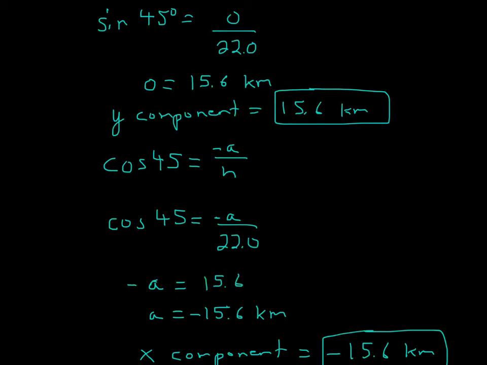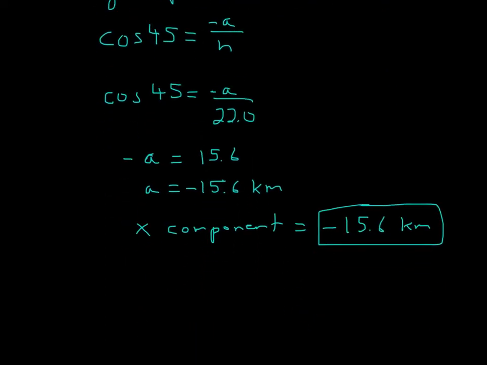We have to make sure a is positive, so it becomes negative 15.6 kilometers. So this is the first way of doing that, negative 15.6. The other way is you can just do cosine normally, without any negatives, solve everything, and then look. But this way ensures that you don't forget about that negative, because that changes your entire answer, and you'll probably get it wrong if you leave it out. So this way is better.